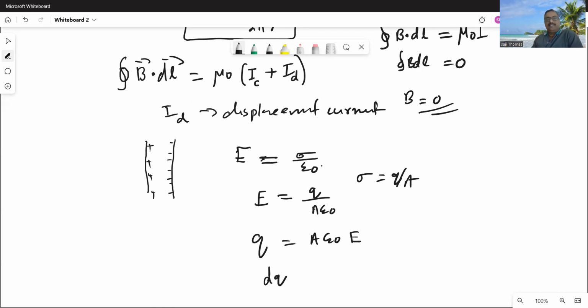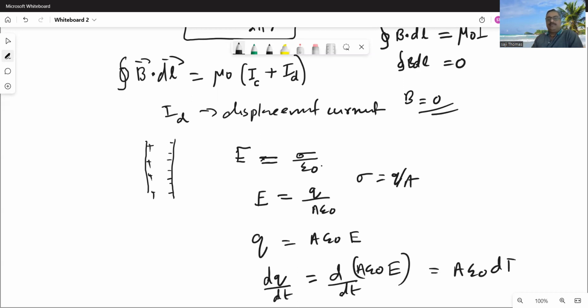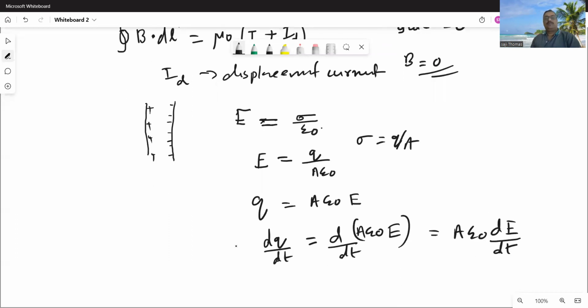So dQ by dt is d by dt of A epsilon 0 E, which is equal to A epsilon 0 into dE by dt. This current is known as displacement current, I_D. So I_D is equal to A epsilon 0 dE by dt.